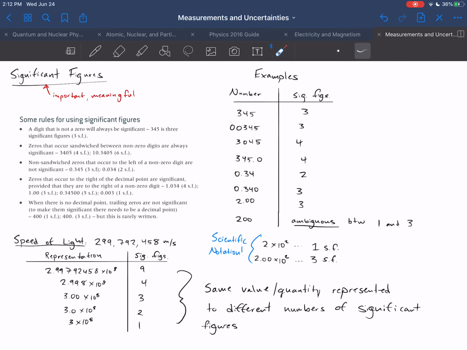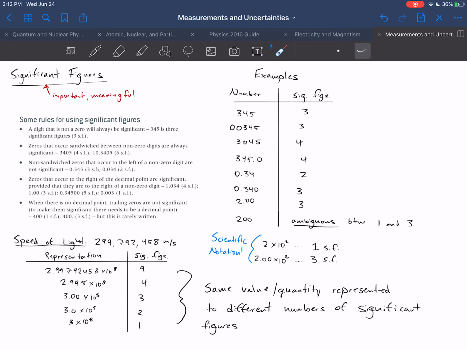0.34. Now, I will say this 0 is definitely useful. Unlike these zeros, this 0 has a use in that it draws our attention to the decimal point, okay? Please don't write your numbers .34, okay? Always include that leading 0 just for clarity's sake.